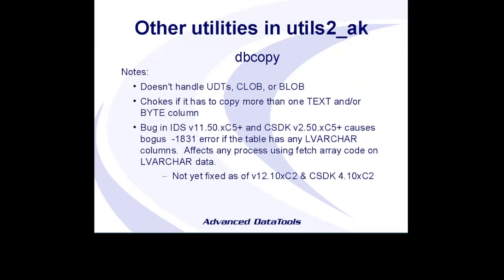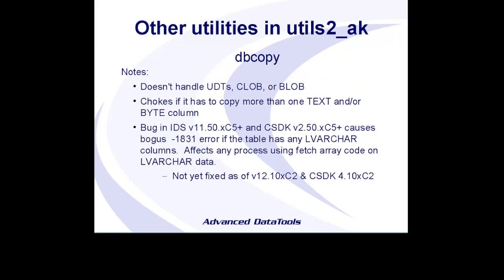There's also a bug in all the new versions of the CSDK and the engine that actually affects both. Since 11.50.XC5 and the corresponding CSDK that goes with it, it causes a bogus -1831 error if you try to use dbcopy on a table that has no varchar column.